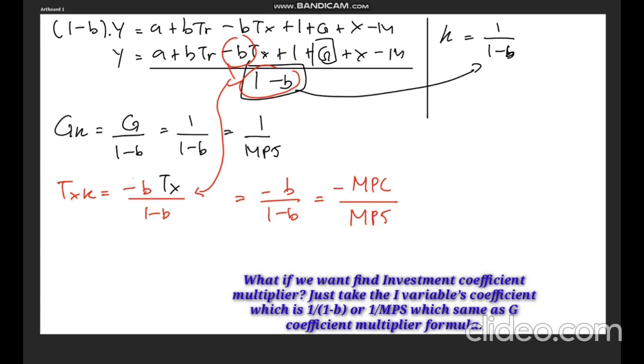What if we want to find the investment coefficient multiplier? Take the variable I coefficient, which is 1 divided by 1 minus b, or 1 divided by MPS, which is the same as the G coefficient multiplier formula.